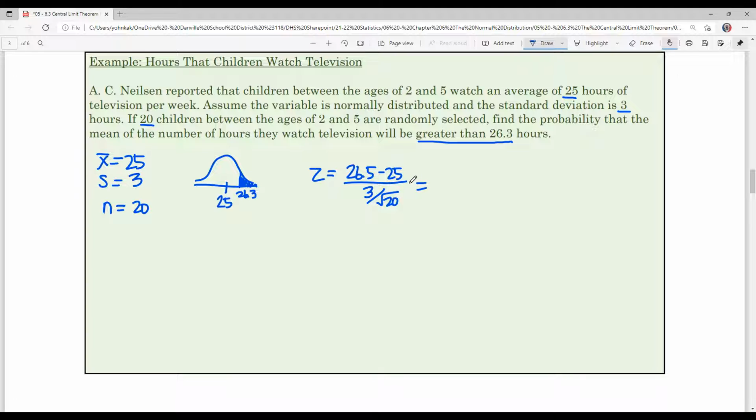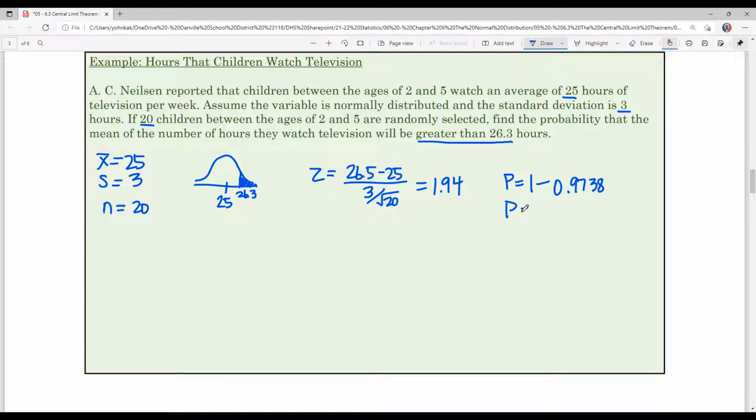So my z-score here is going to be z equals 1.94. That makes sense. I'm on the right side of the mean, so my z-score should be positive. Then to find the probability, since I'm shading to the right, I have to do 1 minus my value from my table. I look up the value of 1.94 on my z-score table and I get 0.9738.